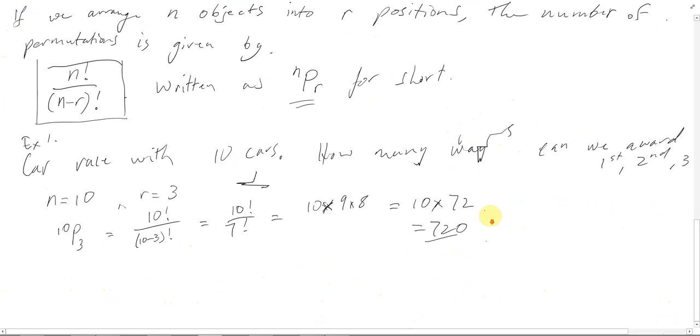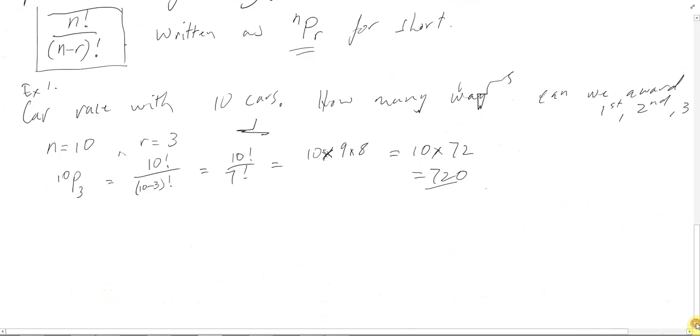Okay, fairly easy one. Let's do a couple of slightly harder ones just to get your mind fully around it. By the way, all the content's finished, so if you're feeling really confident, you can just do some exercises. But let's do a couple of extra examples to show you some trickier things.